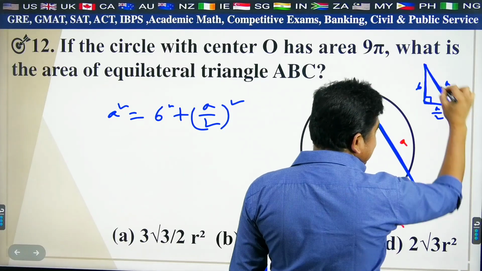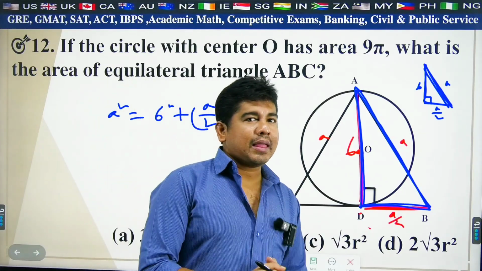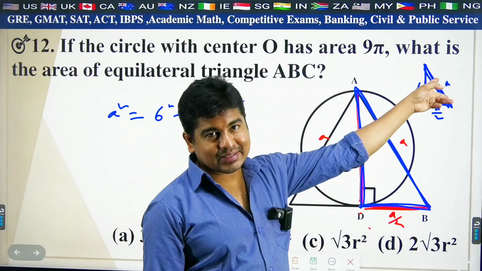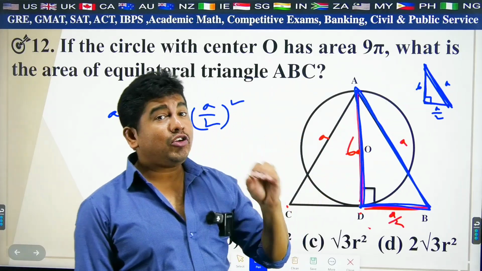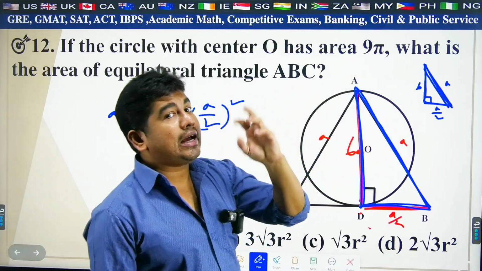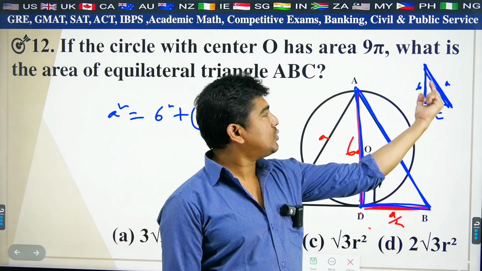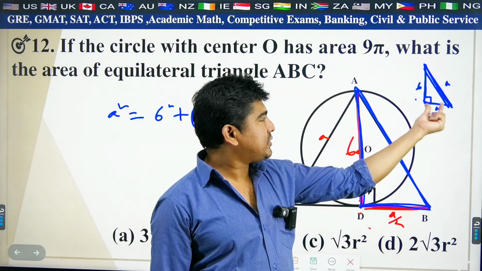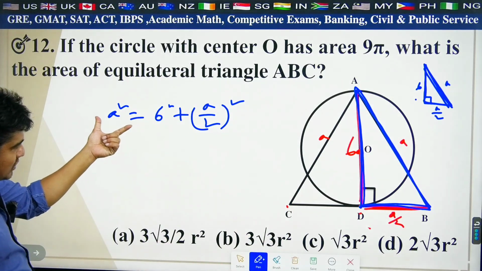The area of the square drawn on the hypotenuse equals the sum of the areas of the squares drawn on the other two sides. That means a square equals 6 square plus (a by 2) square.